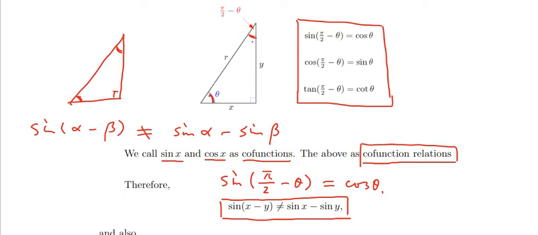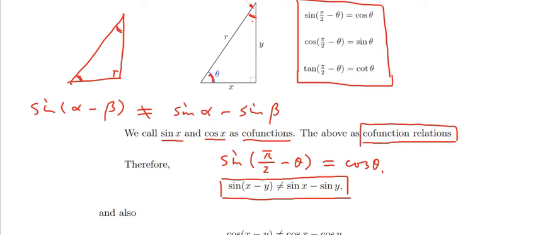From here, we also can say the sine function is not a linear function. Only for a linear function do we have this. Many functions are not linear. For example, the square root of a minus b is not equal to square root of a minus square root of b, right?